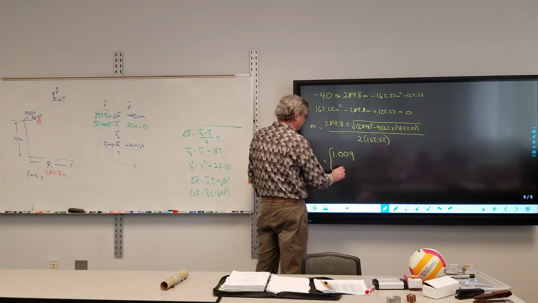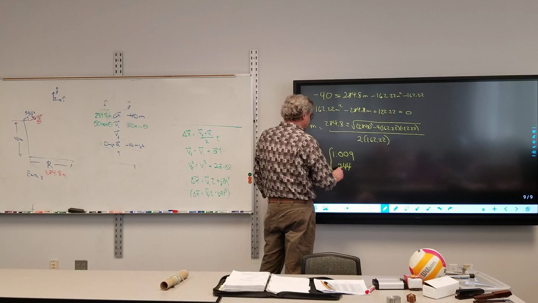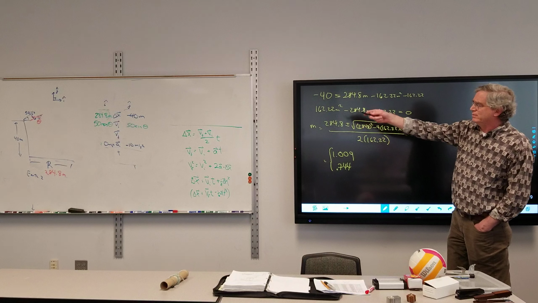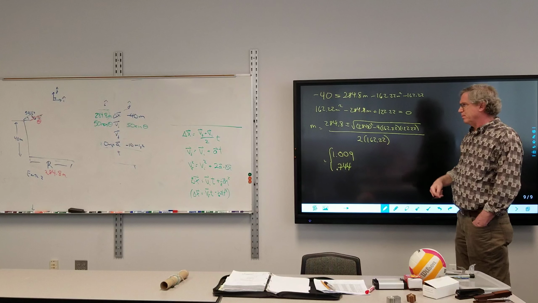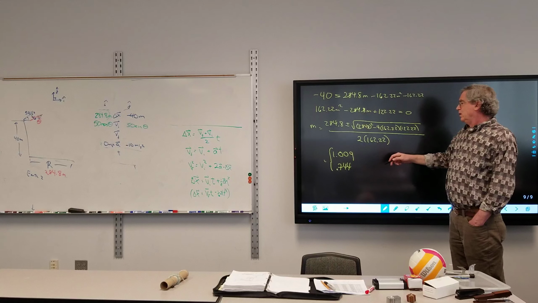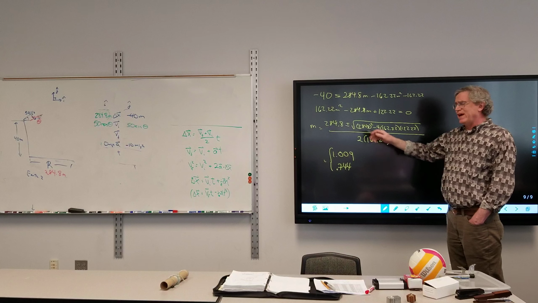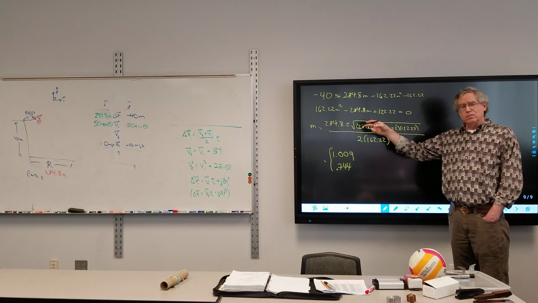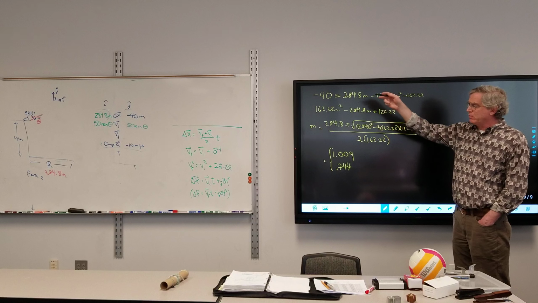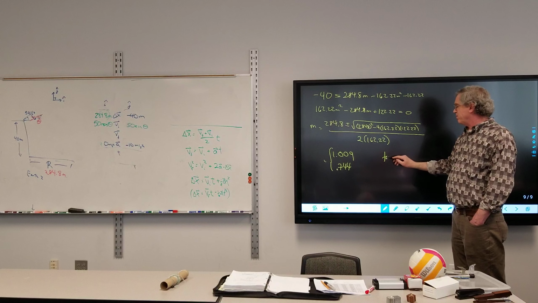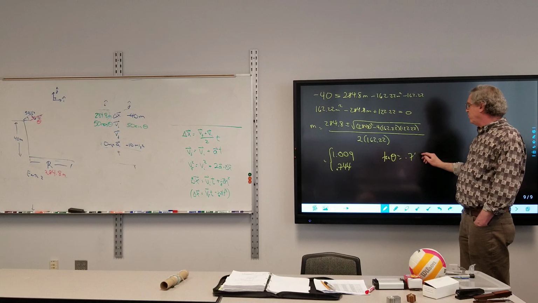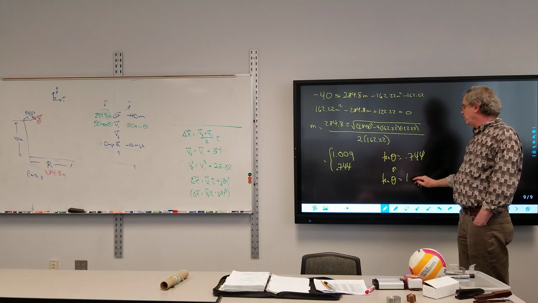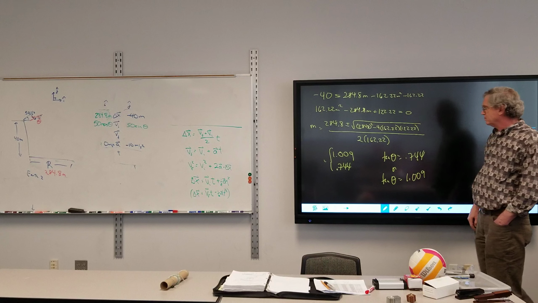Yes. All right. Ideally, it'd be 0.75, but our 40 and the 30 were rounded. So remember, that is solving for m. m is the tangent of theta. Ultimately, we need to know what theta is. So the tangent of theta equals 0.744, or the tangent of theta is equal to 1.009.